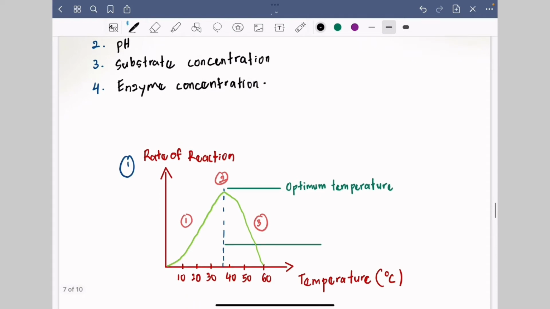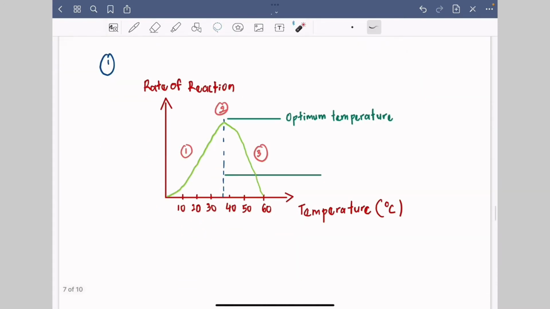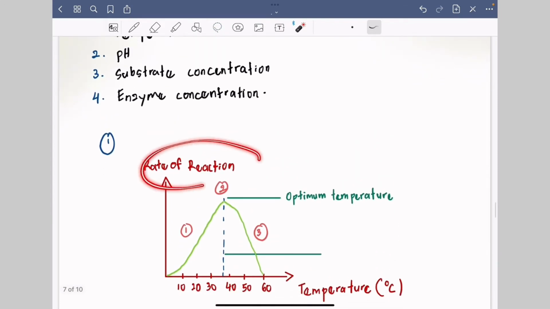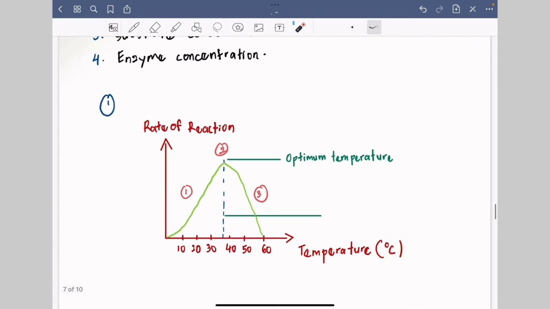So factor number one is the temperature. First of all, this is the graph of the rate of reaction against the temperature.